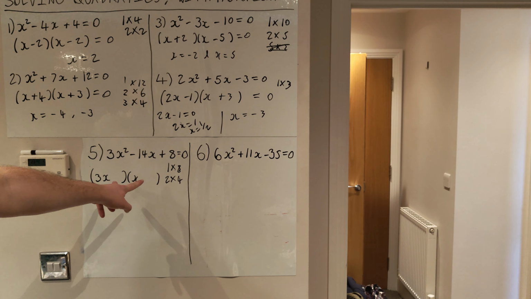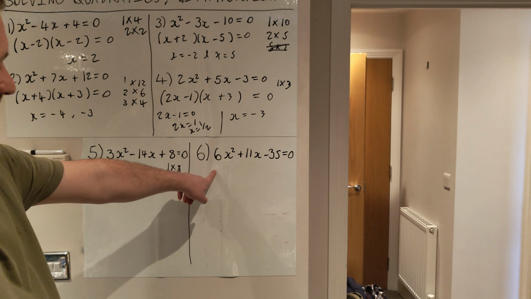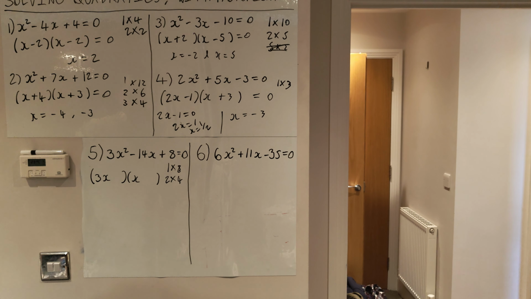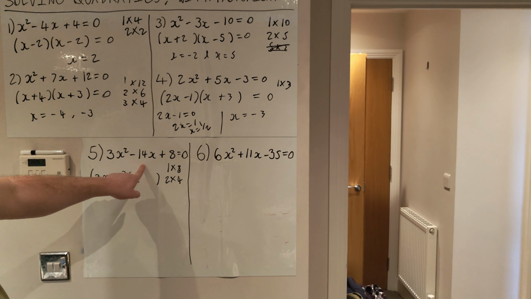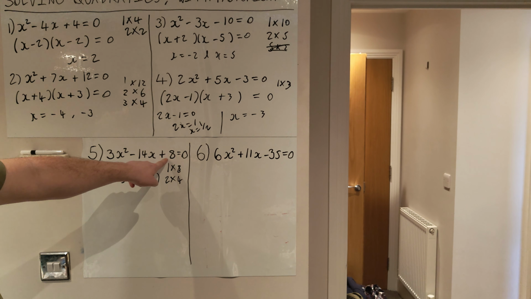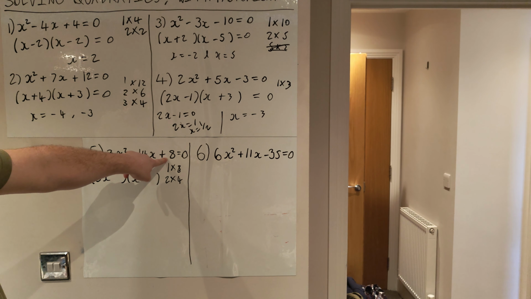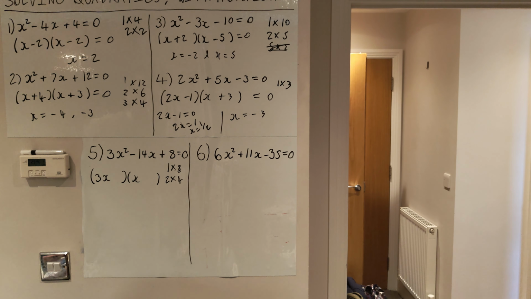So we know it's going to be in this shape to start. Like with this one, it could be a 1 and a 6 and a 2 and a 3, but we'll go into that in a sec. So what's it going to be? Well, we have negative 14x. So we're going to have 2 negatives because it makes a positive 8.